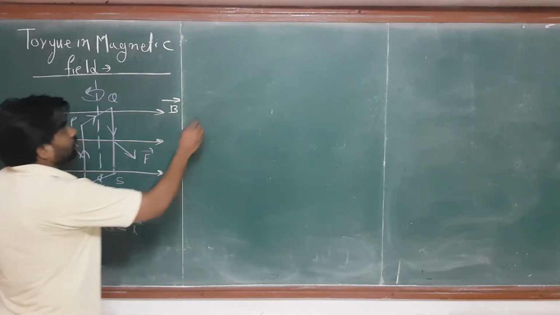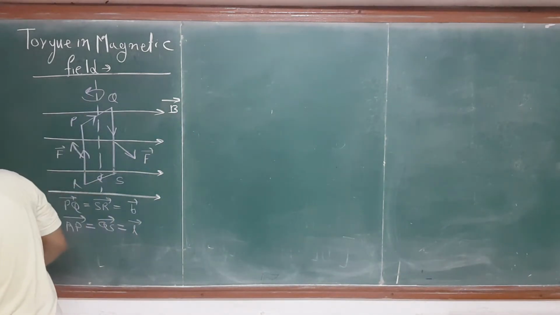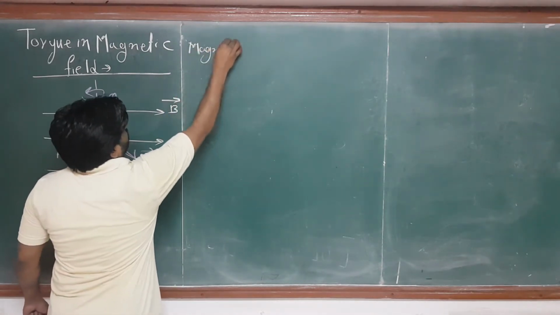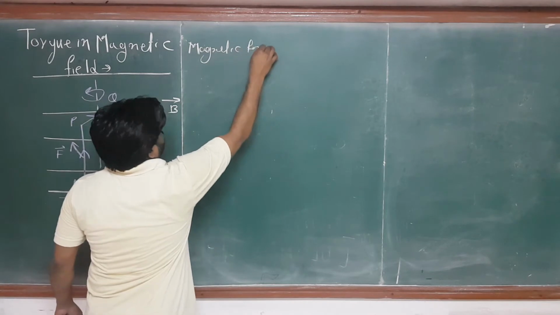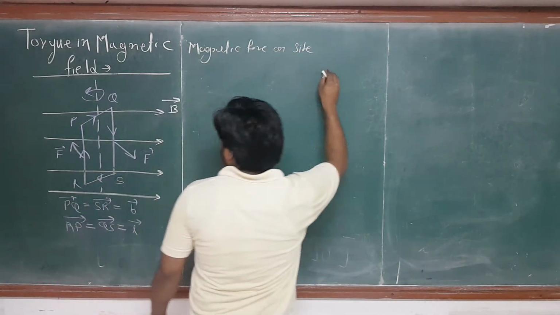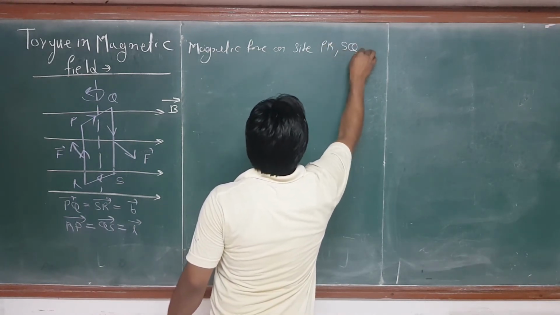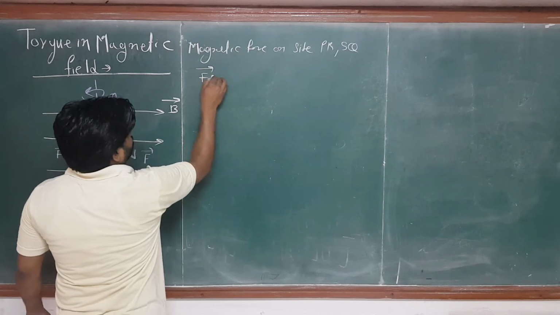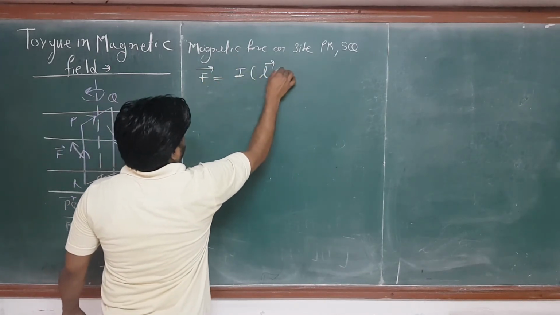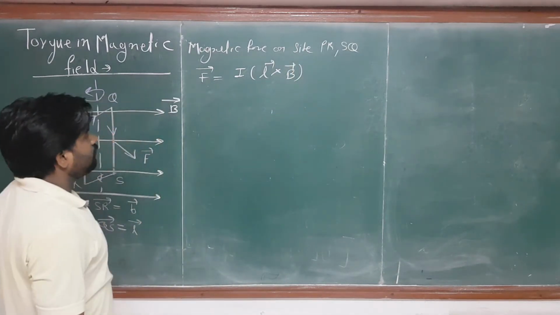Okay. Now I can write here the magnetic force on sides PR and SQ: vector F is equal to I into vector L cross vector B. Got it?